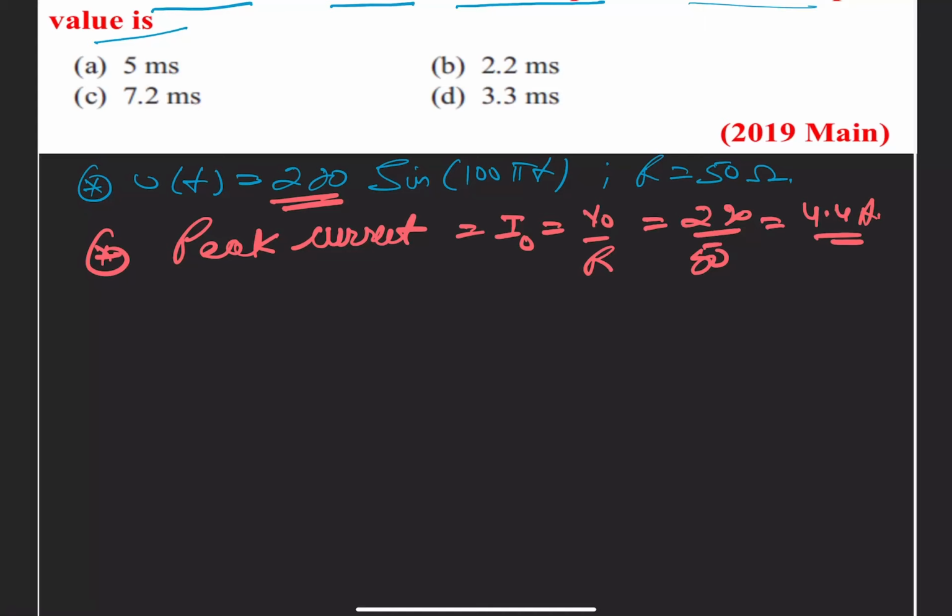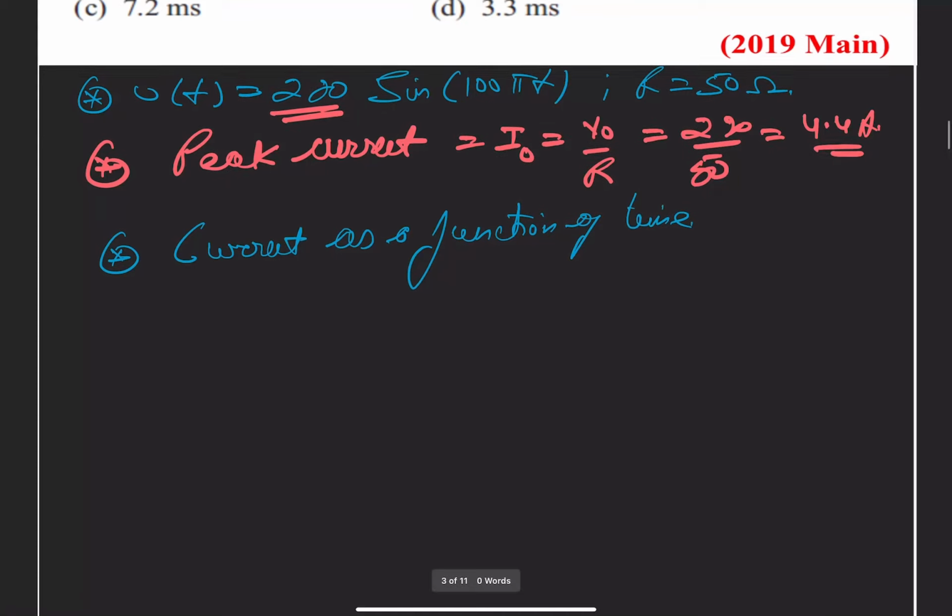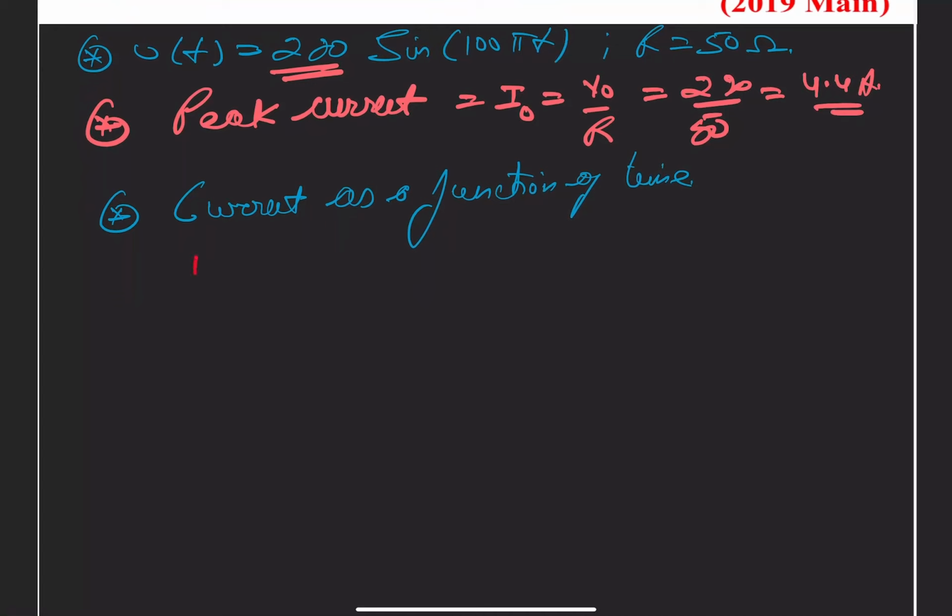Now we can express the current as a function of time. That equation can be written as I of t equals I naught sine of 100 pi t.